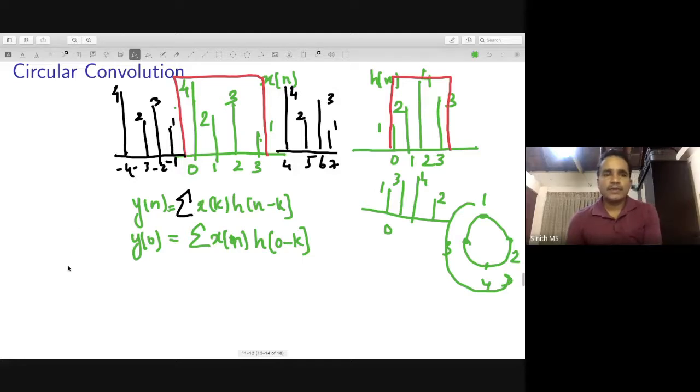So circular convolution means you are doing circular time reversal and circular shifting. When you have these two signals, you first do the circular time reversal, then shift it, multiply and add together. That's what we do with these equations. So let us do the time reversal first. Let us assume that this is x[k] and this is h[k].